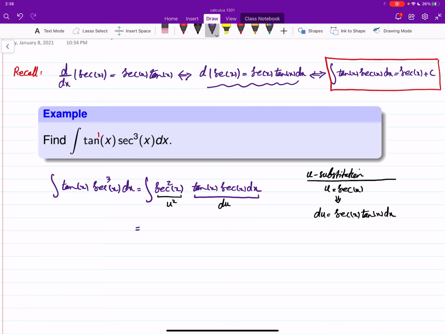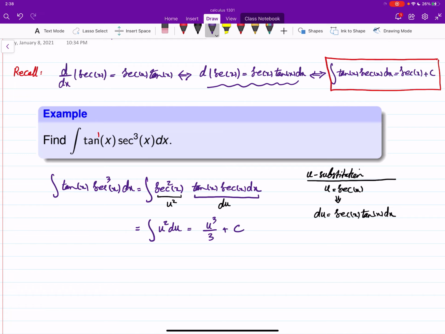So everything is ready for us to carry out the substitution and turn our x integral into a u integral. And when you're there, that is just a simple power rule which tells me the integral.